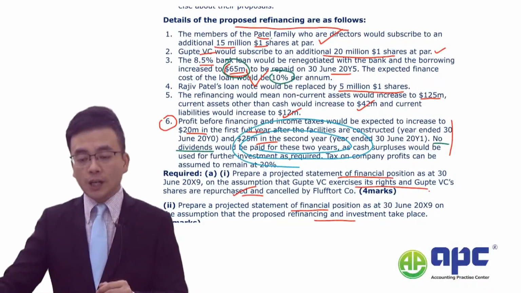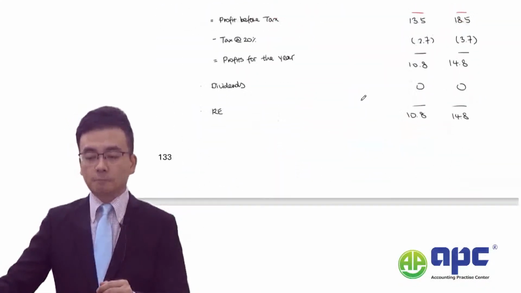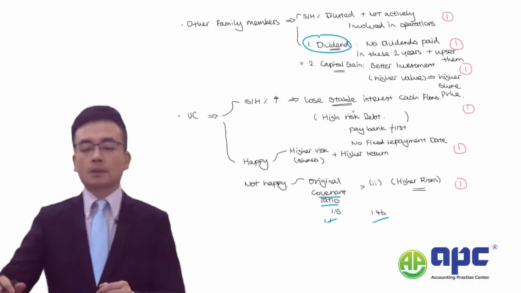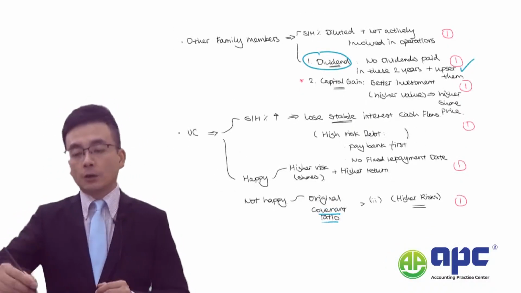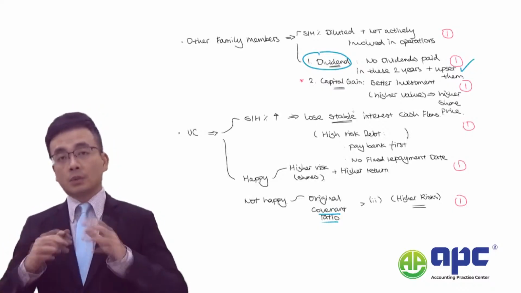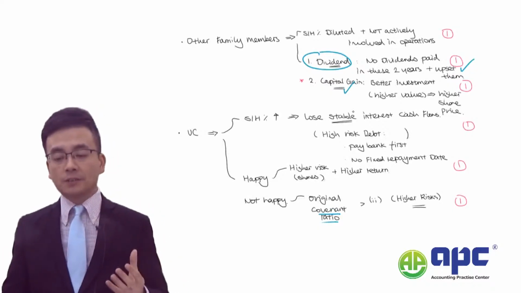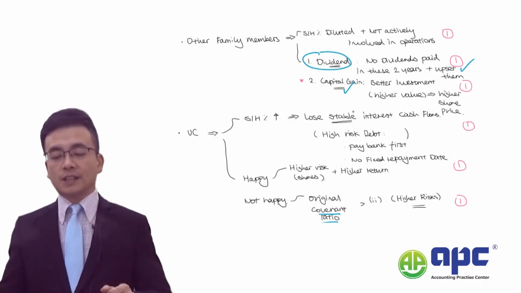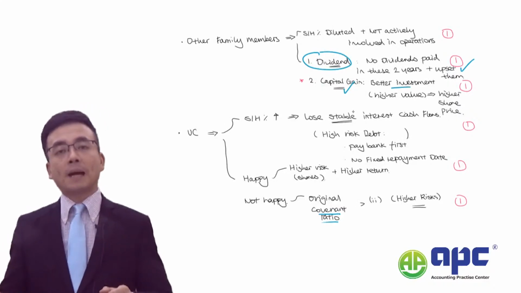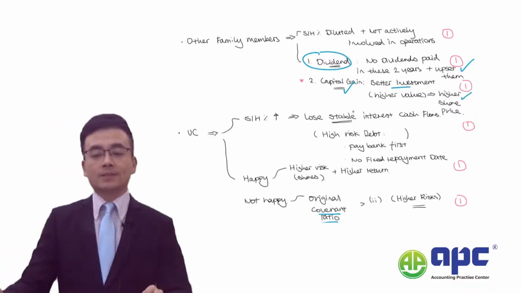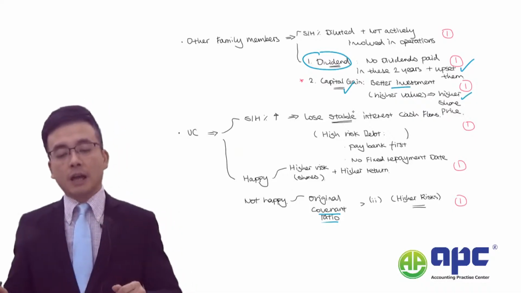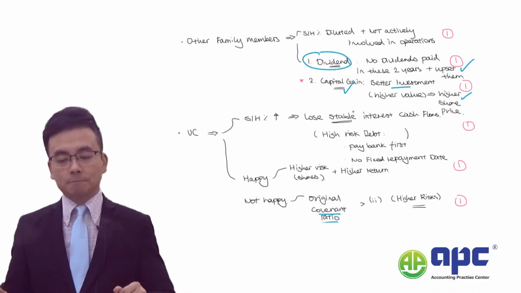So that's why it will further upset them. Or if they simply look for capital gain, they will say that it's fine not paying me dividend if the company will have better investment chances that may lead to a better share price in the end. Okay, so that would be another excuse that the other family members would consider.